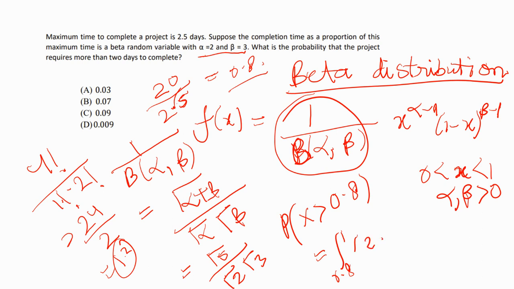Now x to the power alpha minus 1 is x to the power 1, and this one will be (1 minus x) squared.